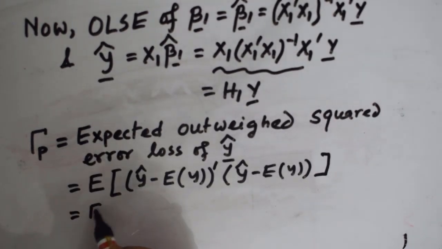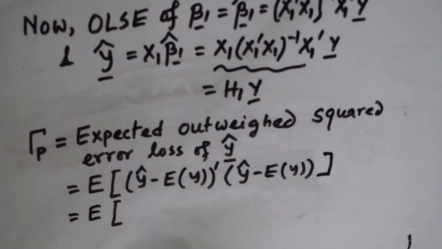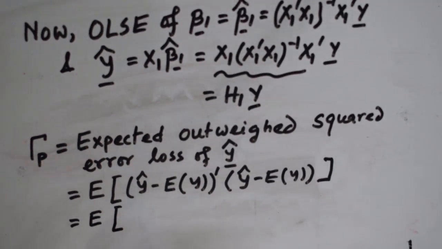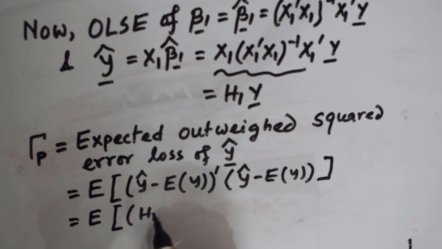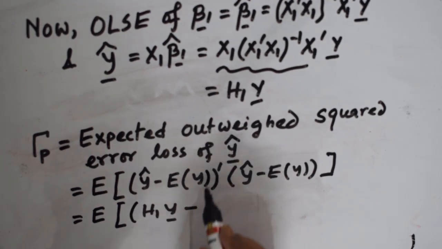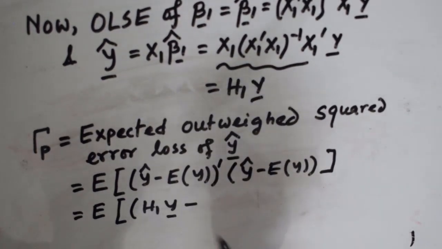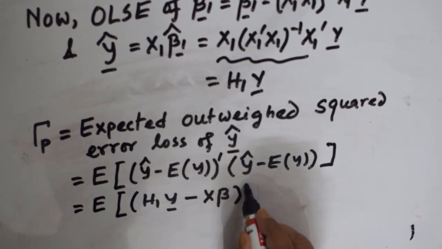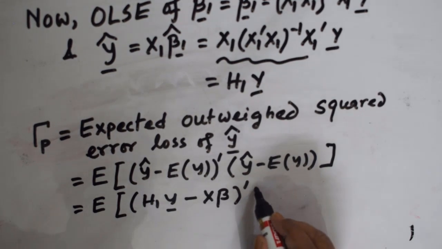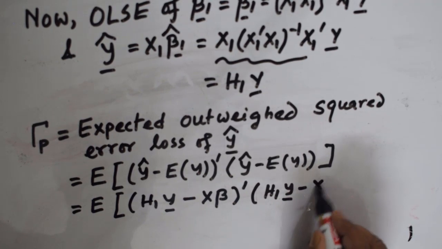This is equal to, y hat is nothing but h1 y curl, expectation of y is obtained from the full model, x beta, so h1 y minus x beta, whole prime, h1 y minus x beta.